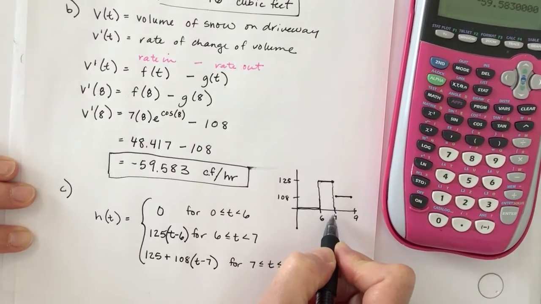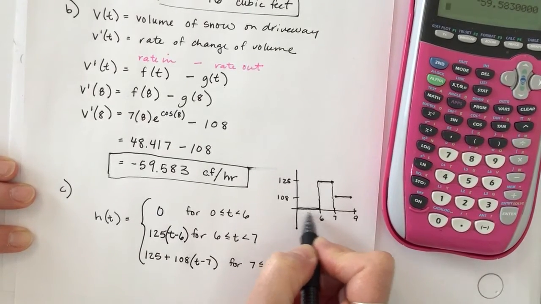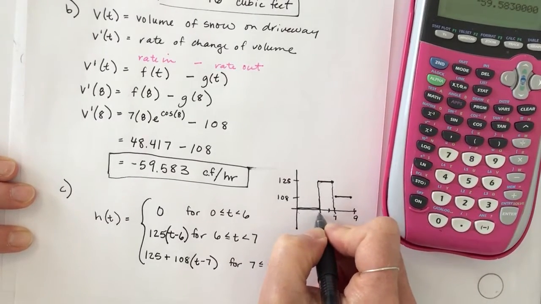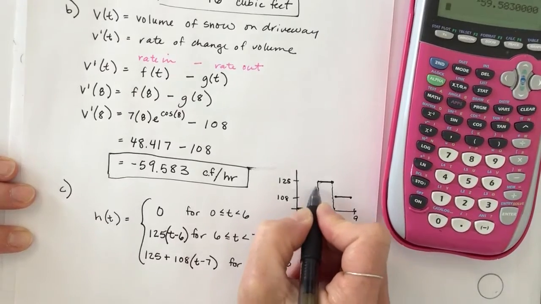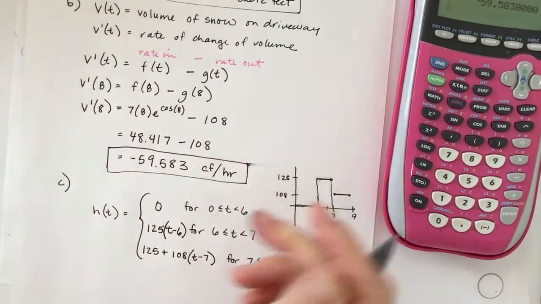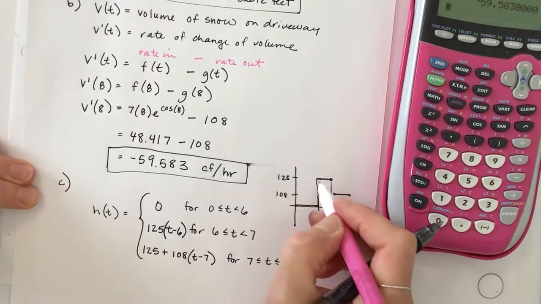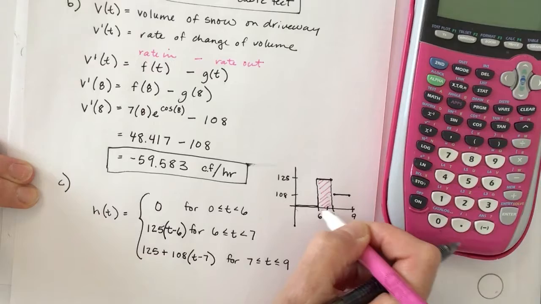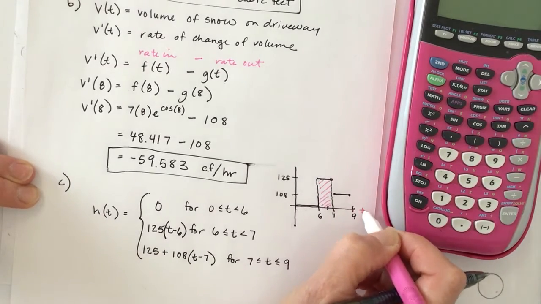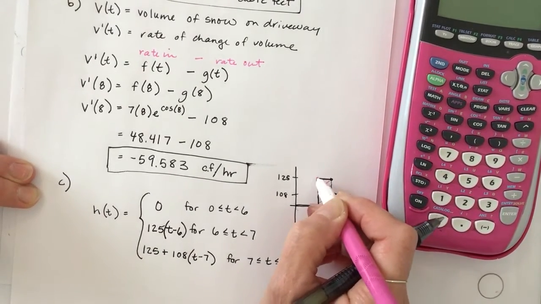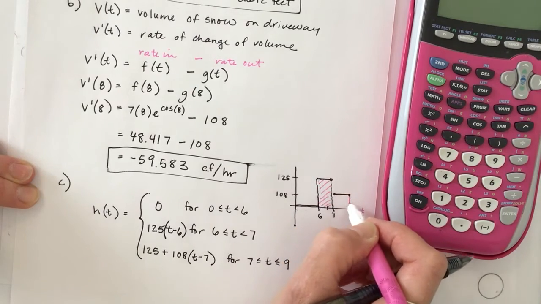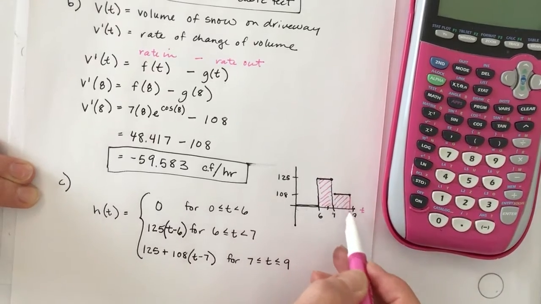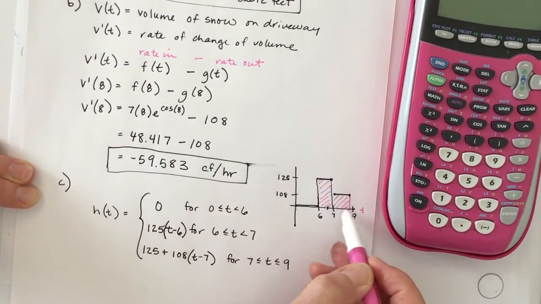It's 7 minus this distance here. So it's the t value somewhere in here, right? We don't want to find this whole area. We just want to find this amount in here. Okay, so this is our t-axis. So that's t minus 6 times 125. And then we have to do the same thing here for this area. It's 108 times t minus 7.